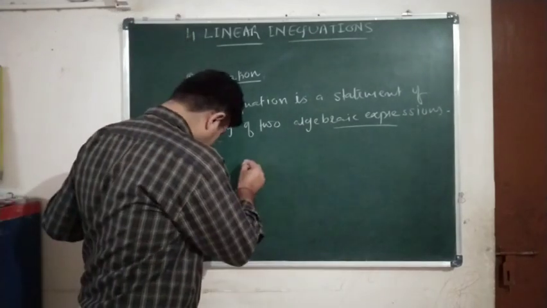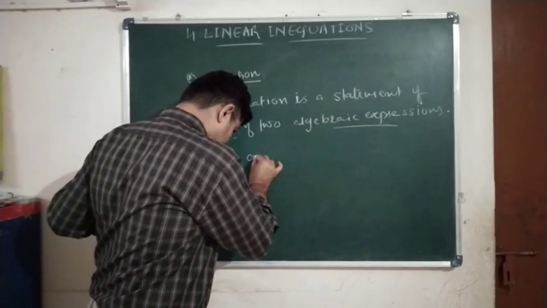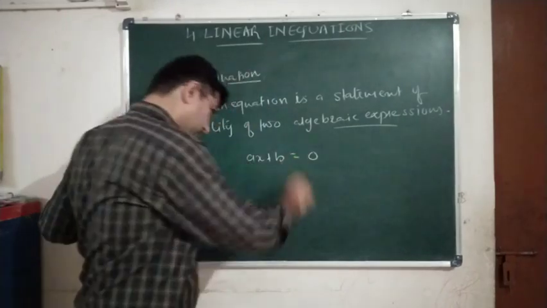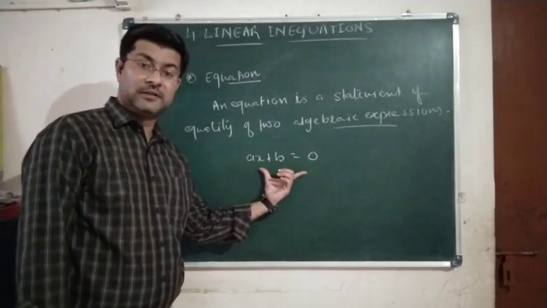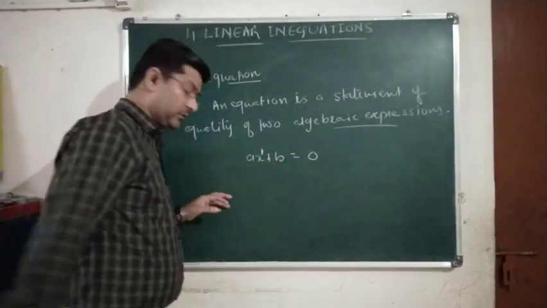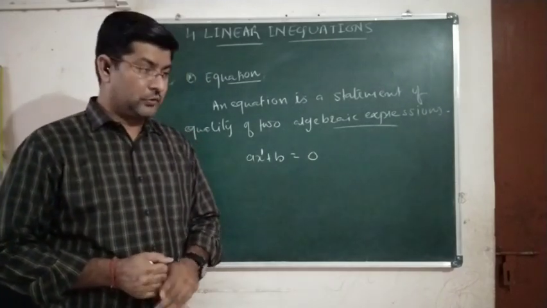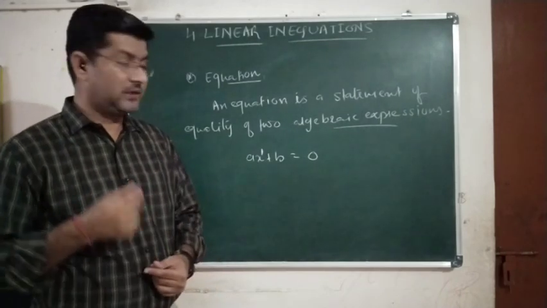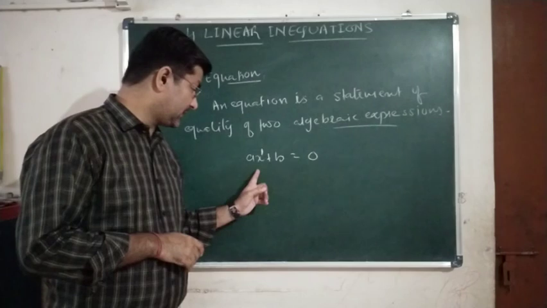For example, ax plus b is equal to 0. This is a linear equation whose degree is 1. You can notice that the power of the variable is 1. So an equation whose degree is 1 is called a linear equation.